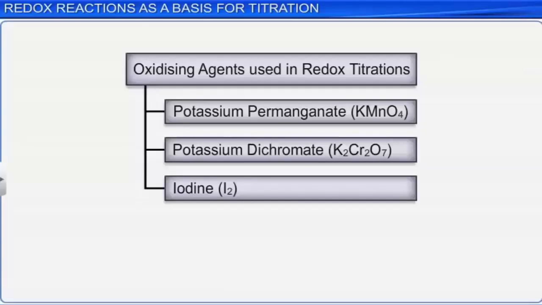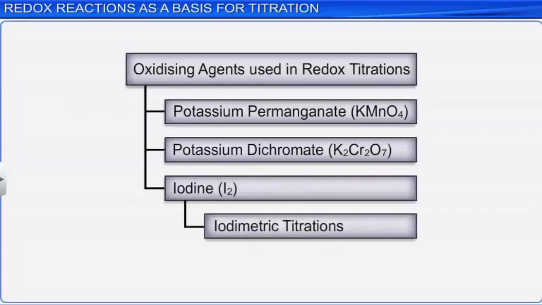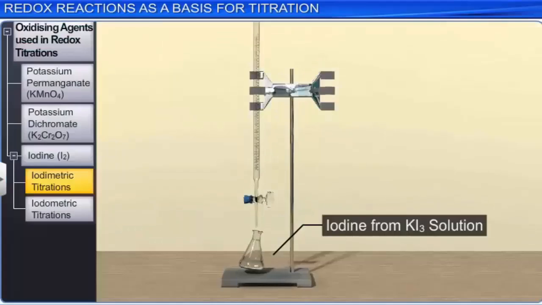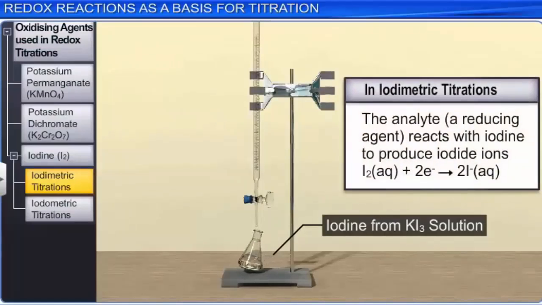The other class of titrations, which include iodine as the oxidizing agent, are iodimetric titrations and iodometric titrations. The titrations in which iodine is directly titrated against a reducing agent are called iodimetric titrations.